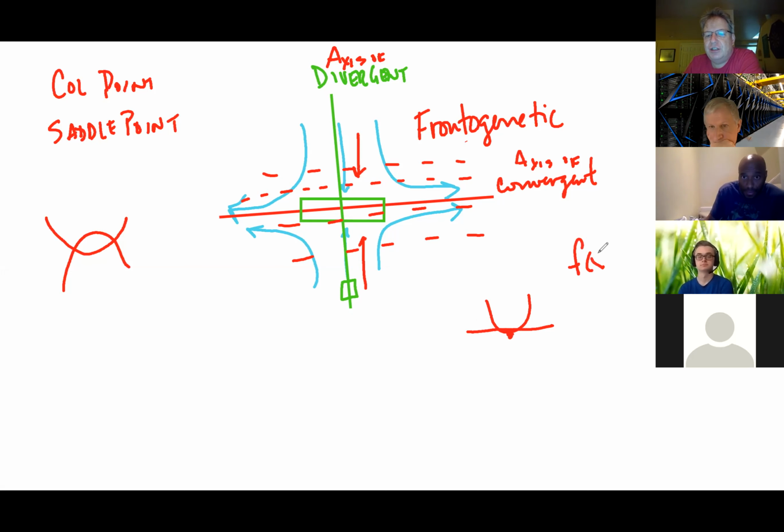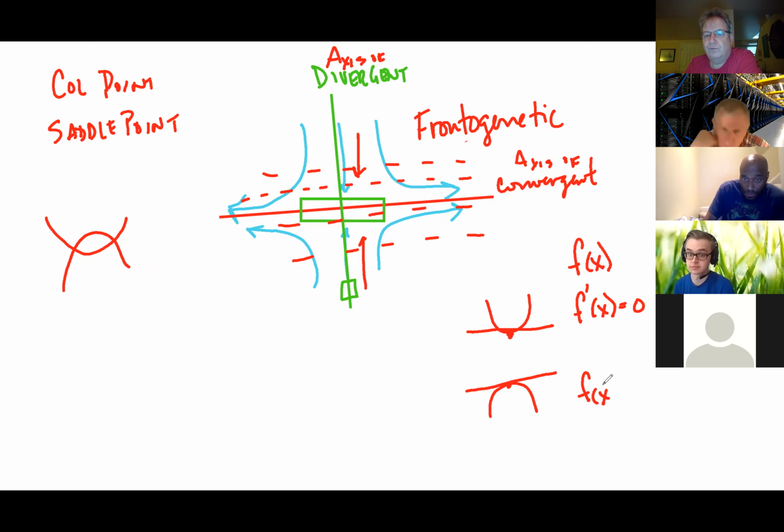Well, if I have a function of x and the first derivative is 0, then we know that we're at a minimum or maybe a maximum. Because what if I did this? What's the tangent at this point? It's also 0. So the first derivative being 0 tells me the value is either a maximum or a minimum.